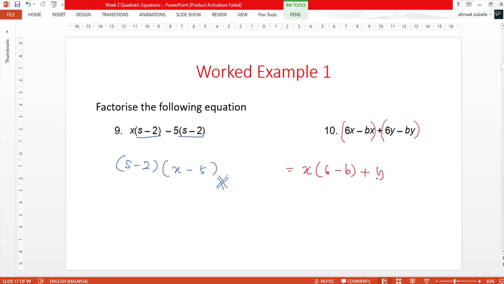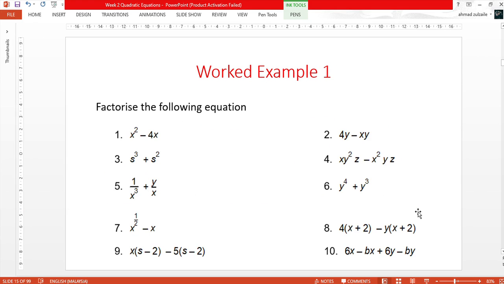And for the second group, the common factor will be y, because both terms consist of y. So the remaining value must be 6 minus b. Again, the common factor for these two groups must be 6 minus b. Therefore, the remaining value is x plus y. So this will be the final answer.